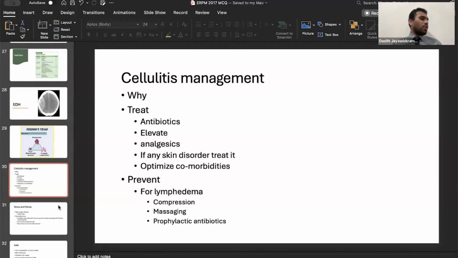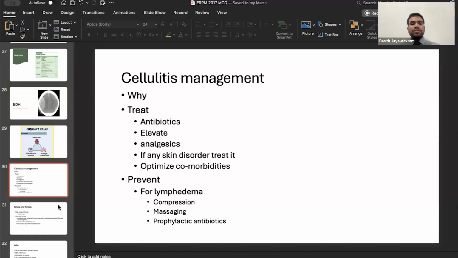So the answers: elevation true, antibiotics true, massaging a little bit controversial, so I will leave that, and ice packs false. So I can get 3 marks out of this 5, and I'm happy with 3 marks. I don't want to go marking the compression and massaging. Even though I know compression and massaging are false, I will leave them be while I get the 3 marks.